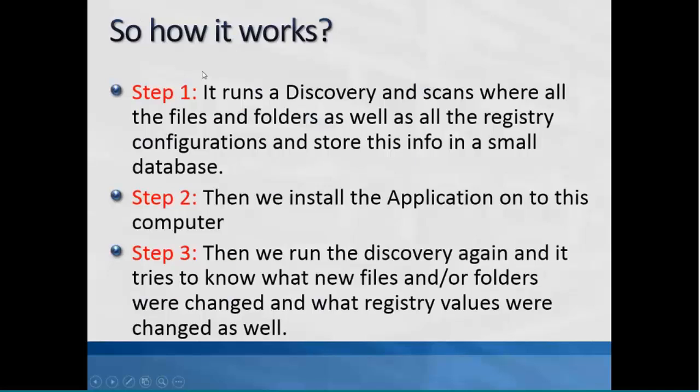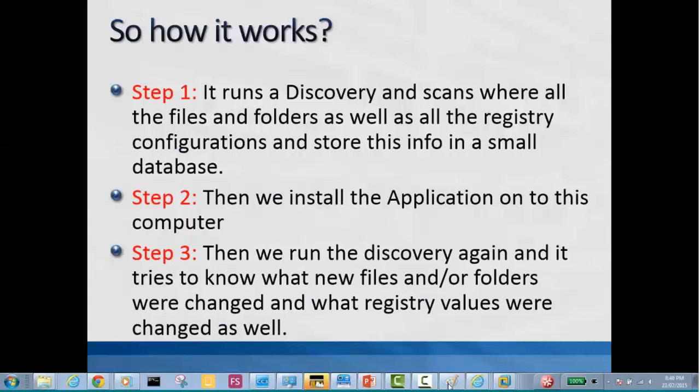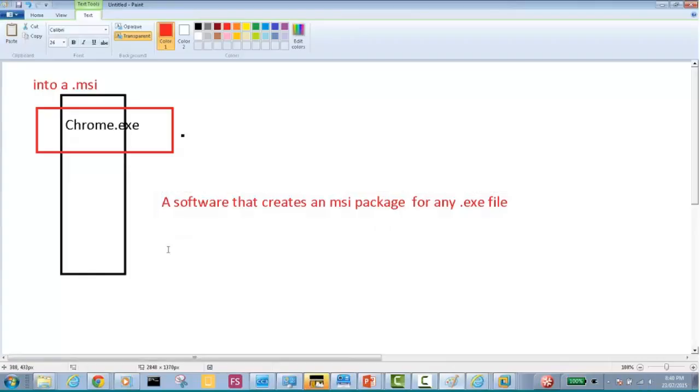So how it works. Step one is it runs a discovery and scans where all the files and folders are, as well as the registry configurations, and stores this info in a small database. So what is it doing first? Let me just draw it here.